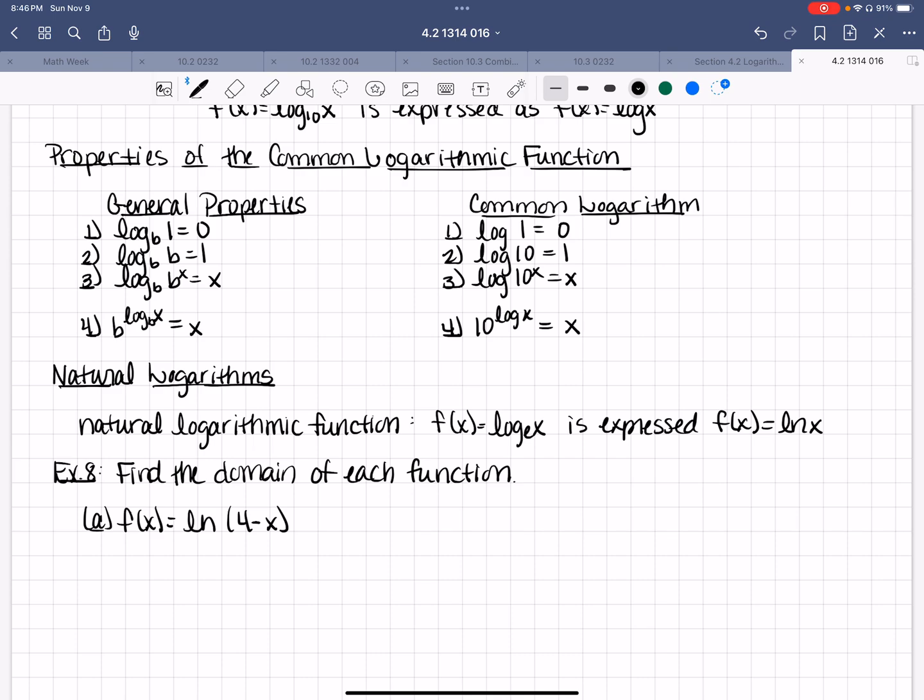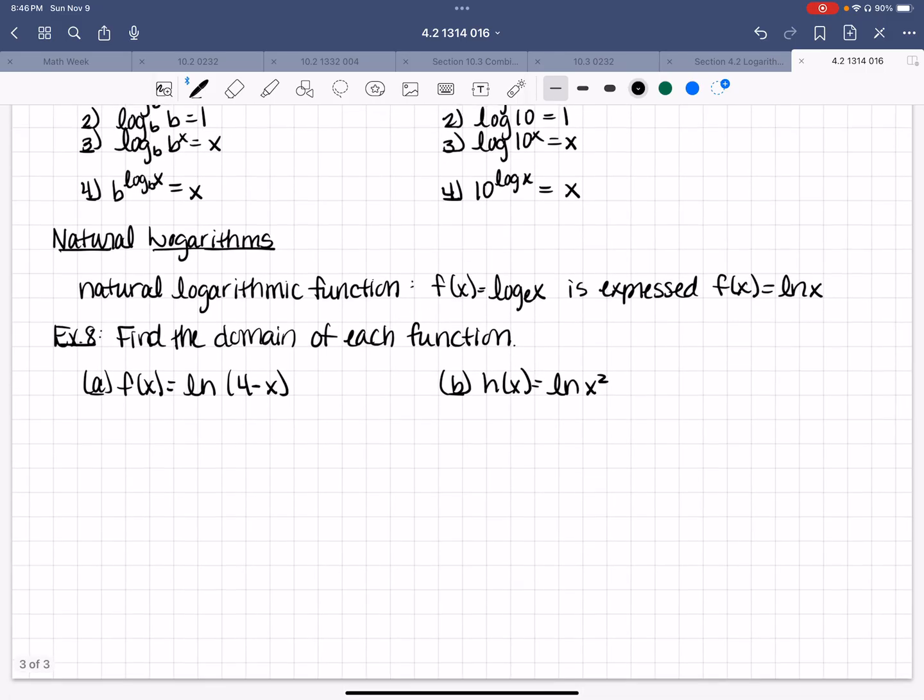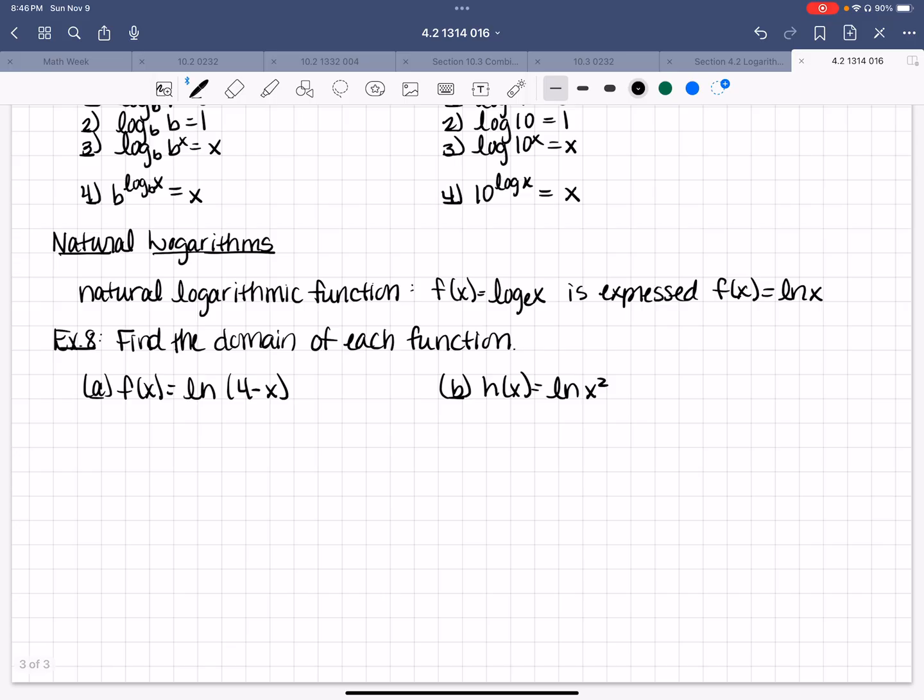And B is h of x equals natural log of x squared. Now, both of these are going to involve a little bit more work. What you need to see on A and f of x is this is really the natural log of, we start out as negative x plus 4. Well, that looks a little better. But then we have the natural log of negative 1 times x minus 4.